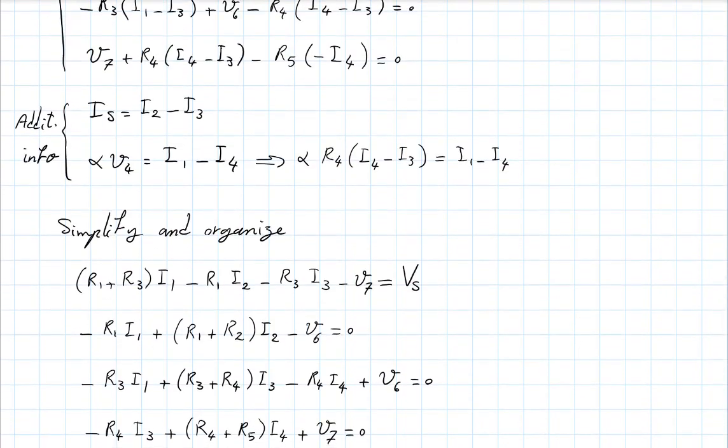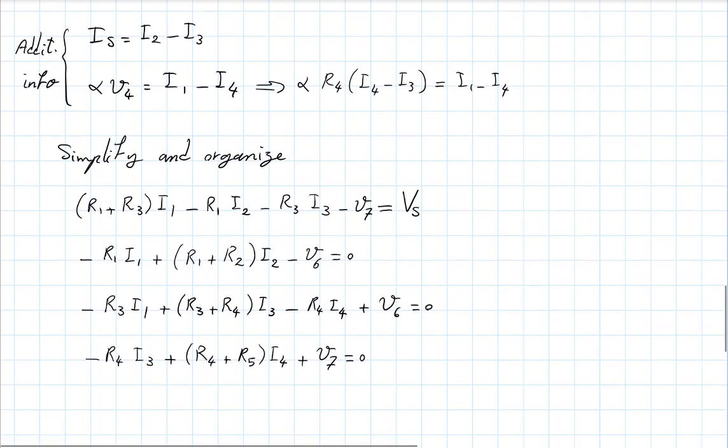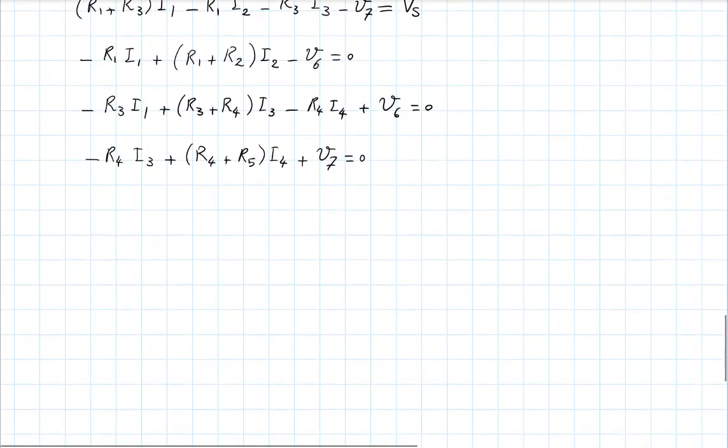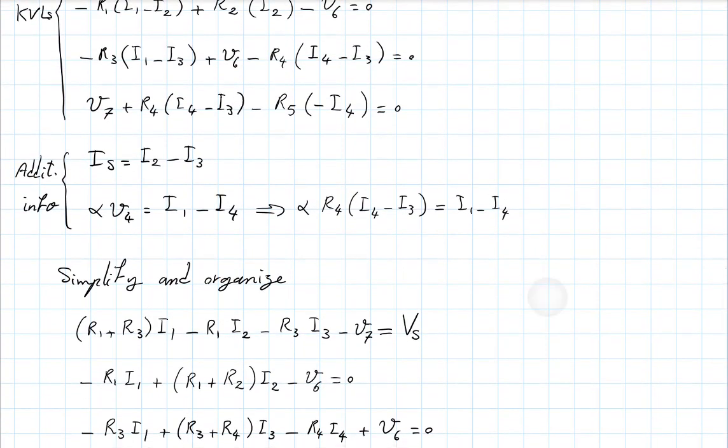And then another additional piece of information I have is this equation at the top here, I2 minus I3 equals IS, IS being the current in the current source, presumably a known quantity.